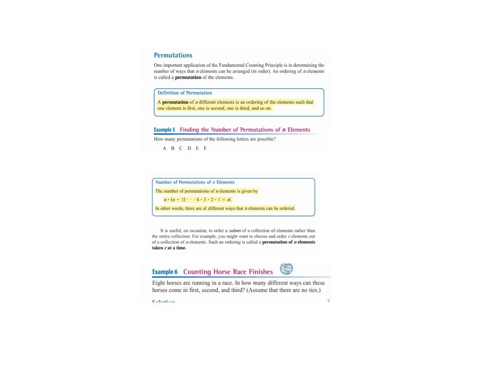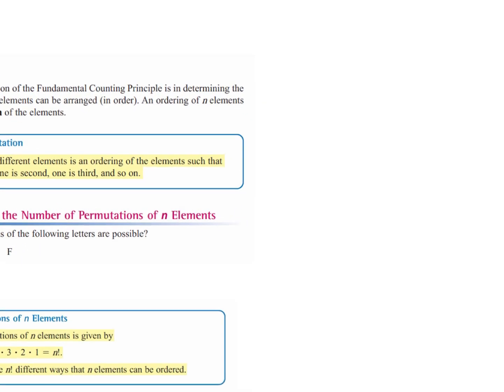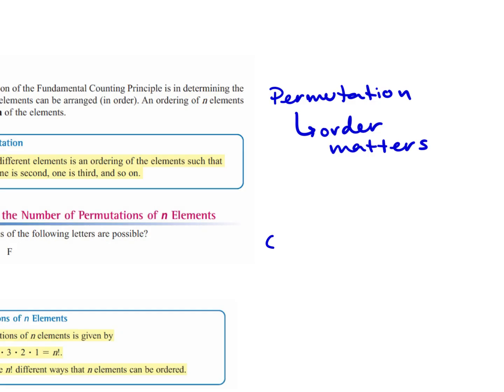Next, we're going to talk about permutations and combinations. So a permutation, the order matters. In a combination, the order does not matter.